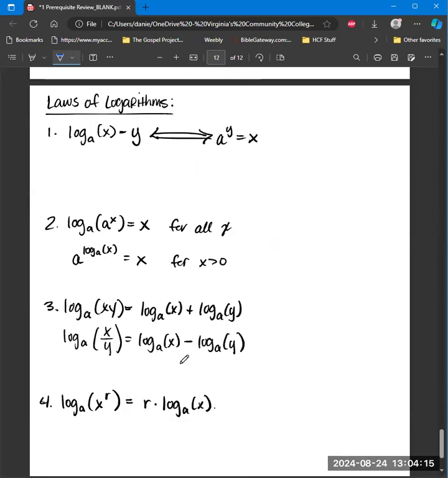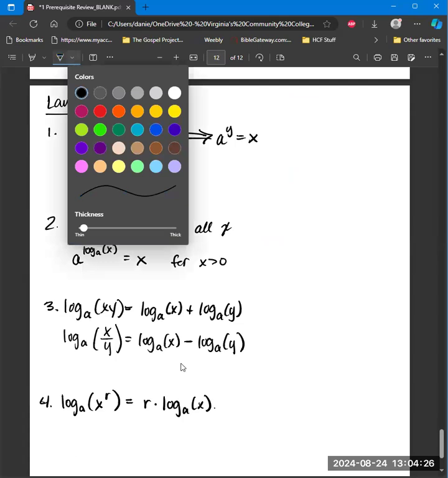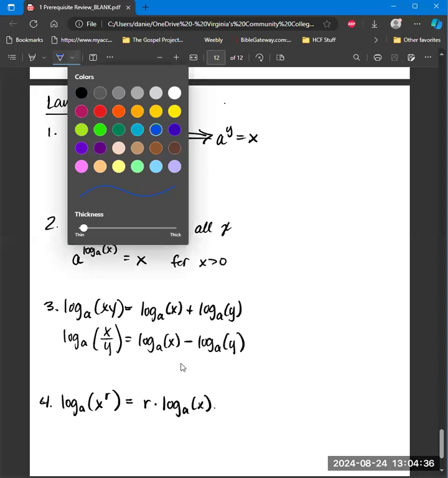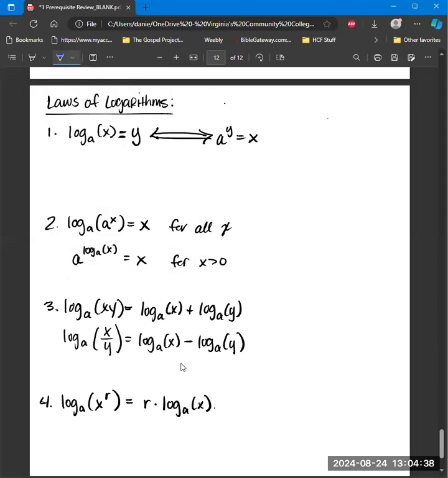Now, related to laws of exponents are laws of logarithms. So if I have log base a of x equals y, that can be written as a to the y is equal to x.